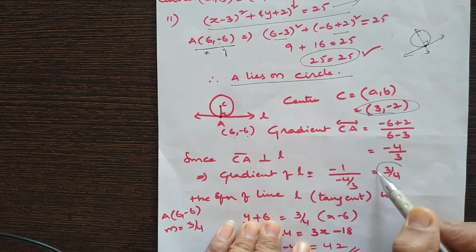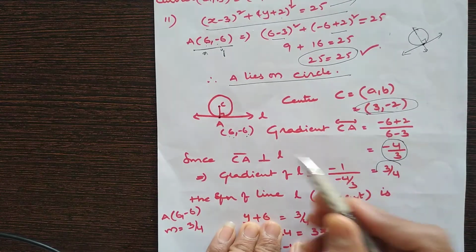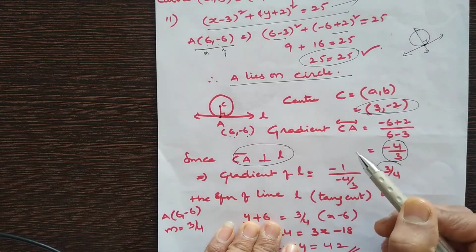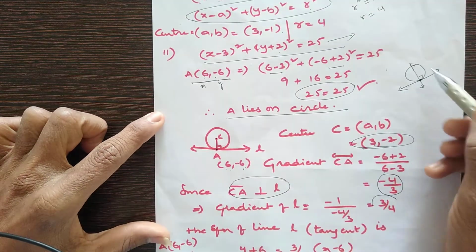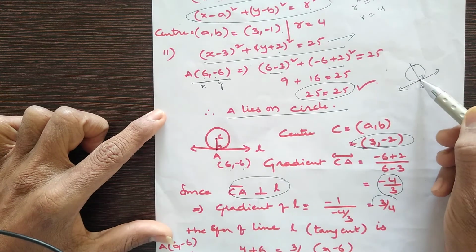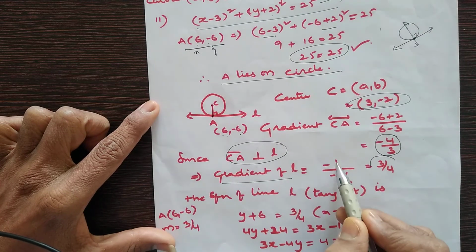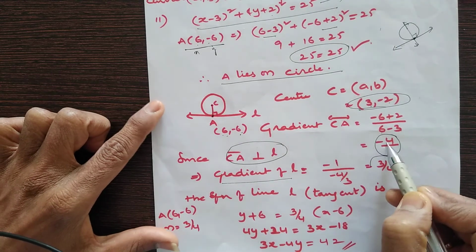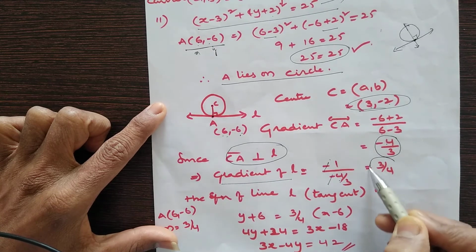You will get this slope. Now since we know that CA is perpendicular to L, as I just told you, the tangent is always perpendicular to the radius at the point of contact. So the gradient of L is equal to minus 1 by the gradient of CA. Minus minus cancel, so 3 by 4.